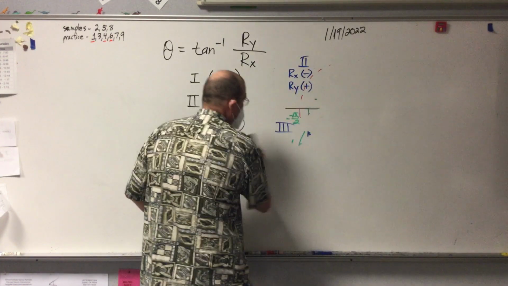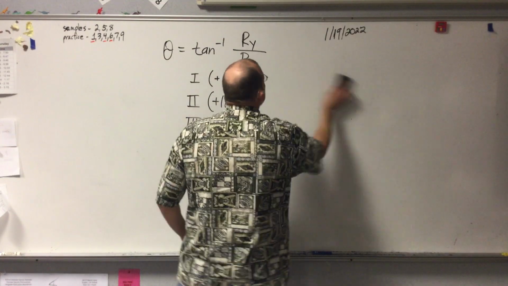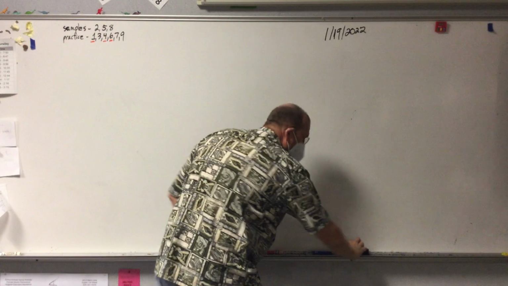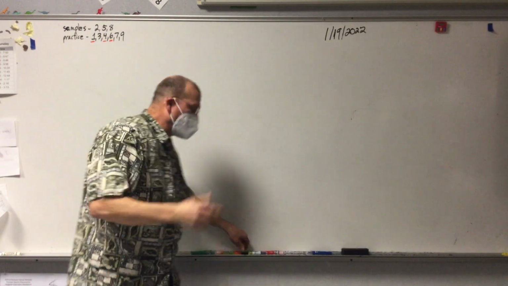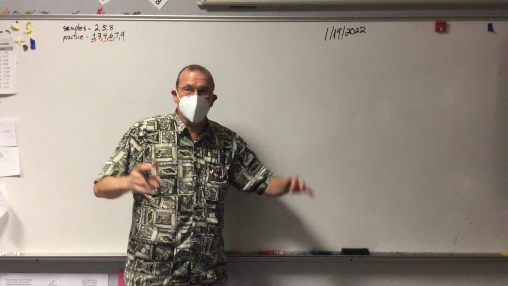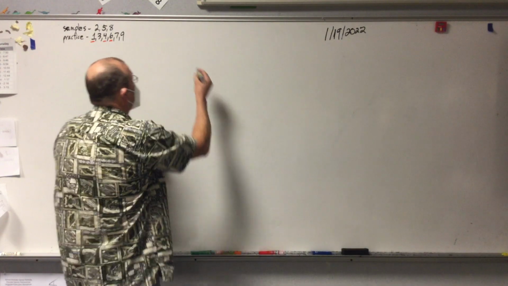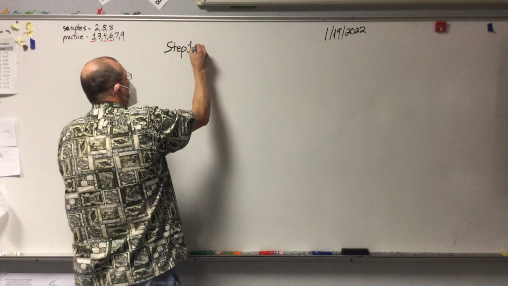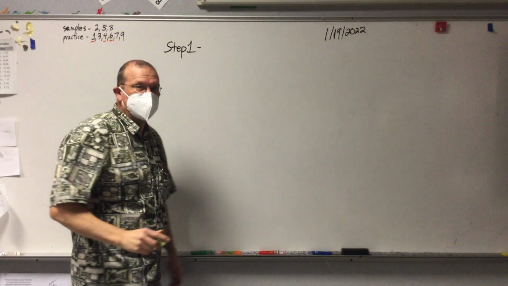Now we're going to summarize everything we've learned about vectors. We'll put the equations up here. This would be like my manual for vector addition. What's step 1?